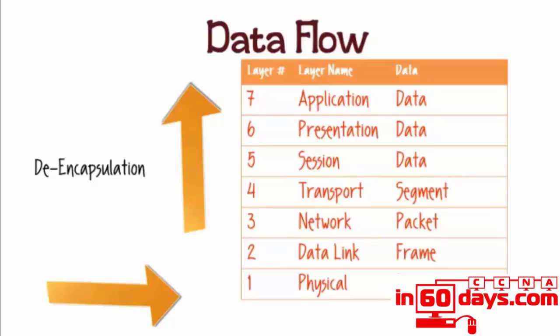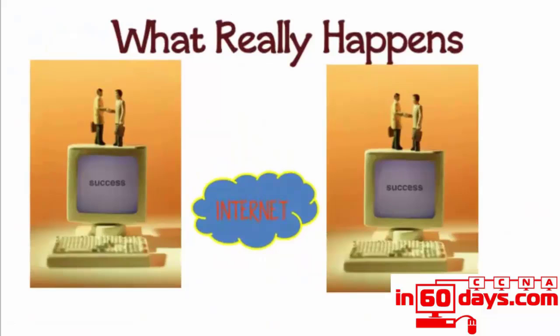If it's IP routing information, then it doesn't need to go all the way up all the layers. It could just go up to layers 3 and 4. If it's an email you've sent or some sort of video file to be viewed, then it will go all the way up to the top layer. So really, you can see what's happening, and to be honest, most people don't care.